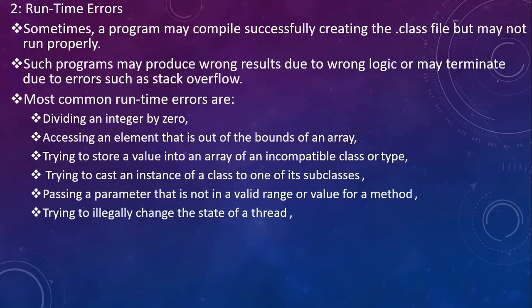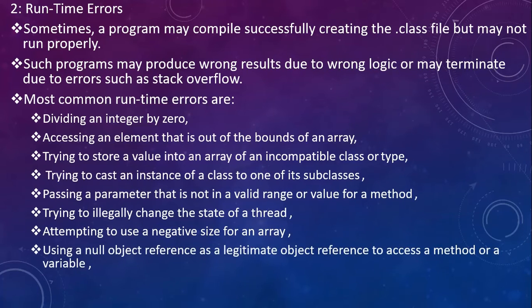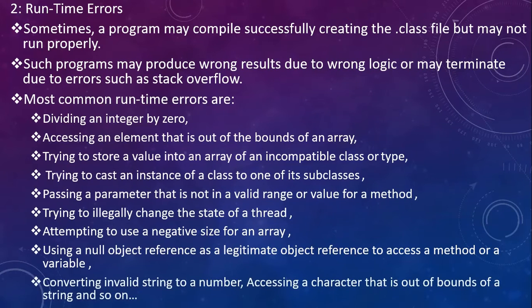Trying to illegally change the state of a thread. Attempting to use negative size for an array. Using a null object reference as a legitimate object reference to access a method or a variable. Converting an invalid string to a number, or accessing a character that is out of bound of a string, and the list continues. So these are the most commonly found runtime errors.